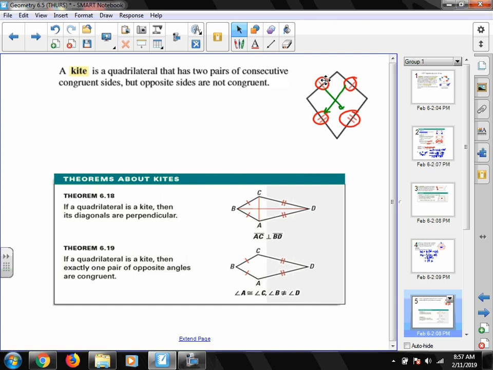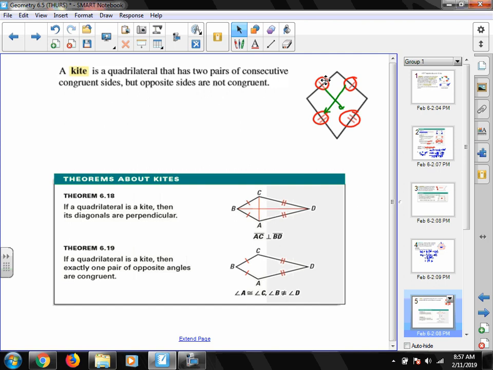Most people like kites because the picture looks just like a kite that you go fly in the wind, so a lot of people remember this name pretty easily.